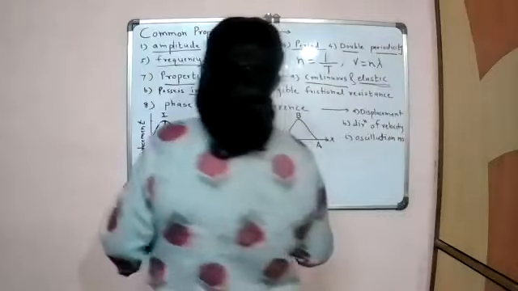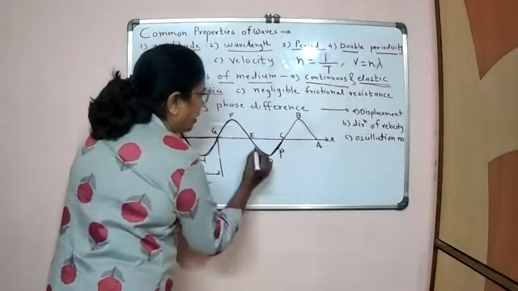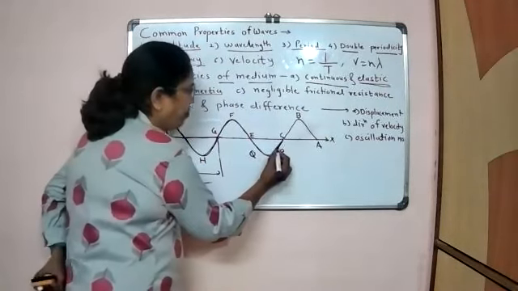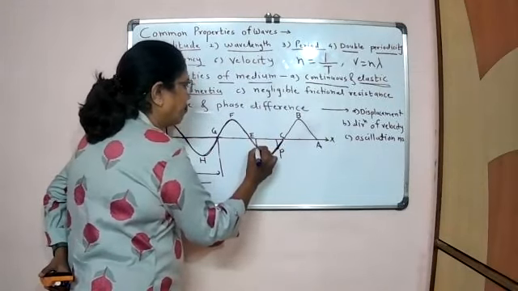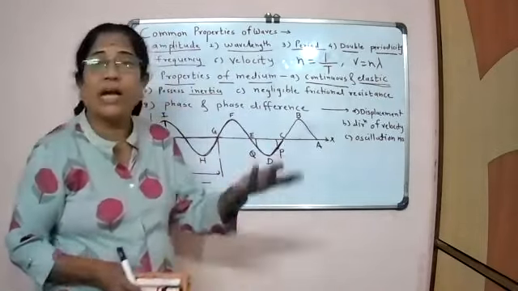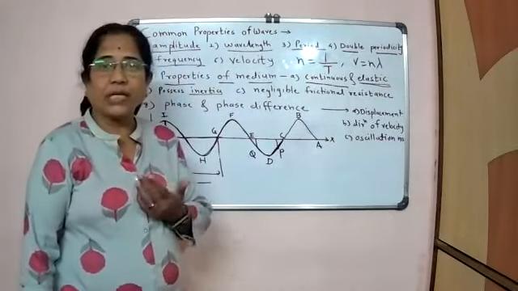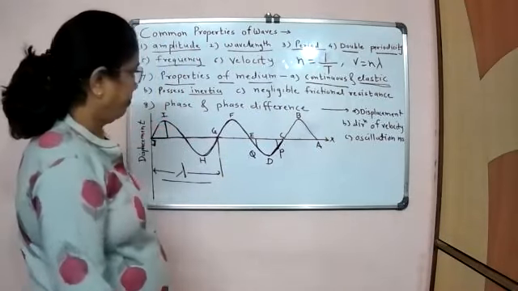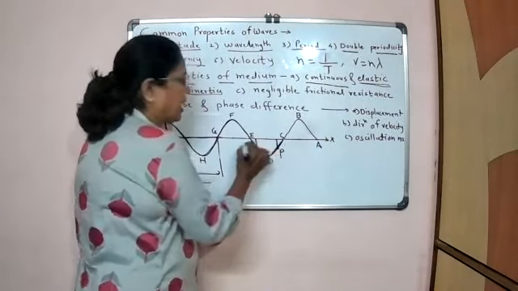What is phase of the particle? See, this is point P and this is point Q. So this point P has the displacement which is the same as the point Q. म्हणजे P आणि Q दोघांचे डिस्प्लेसमेंट सारखे आहेत.